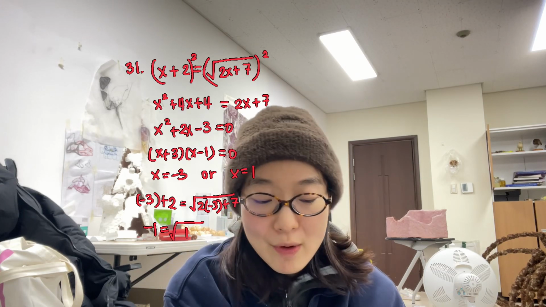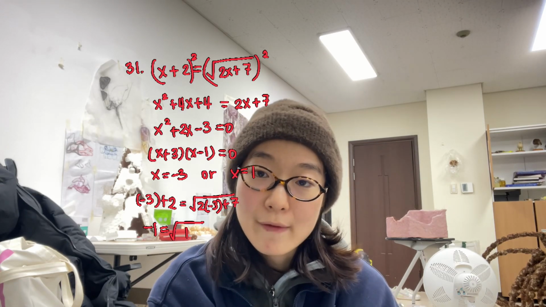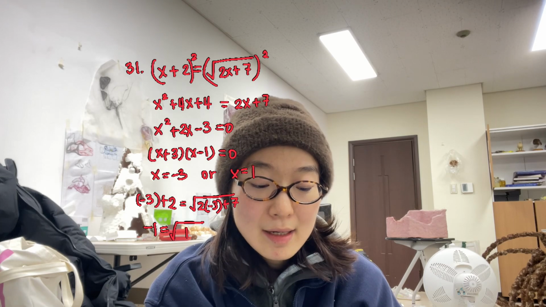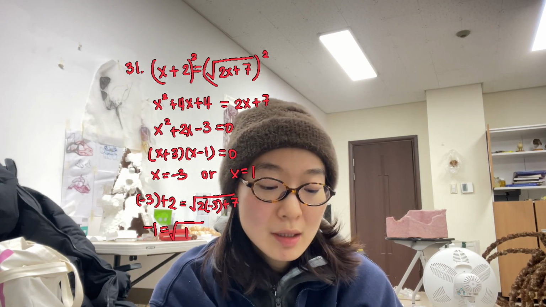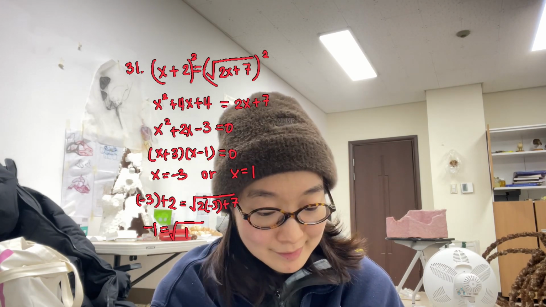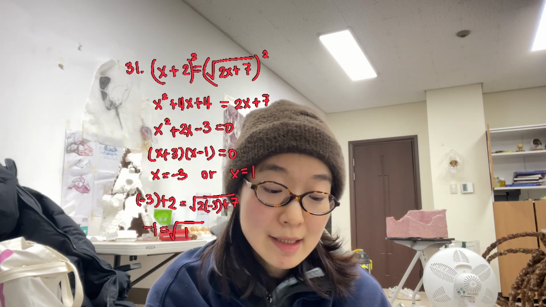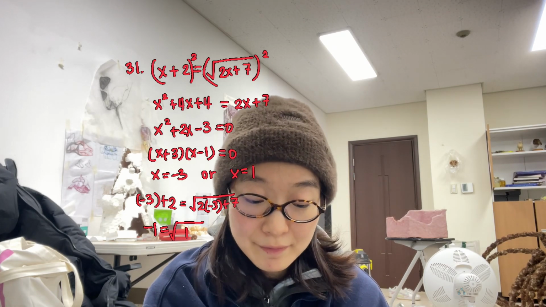So when I substitute x equals negative 3, I get negative 1 equals 1. This is not valid. This is an extraneous solution.